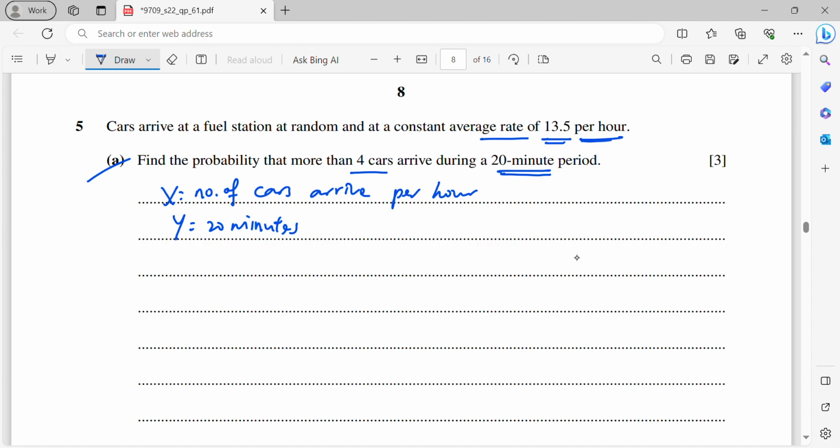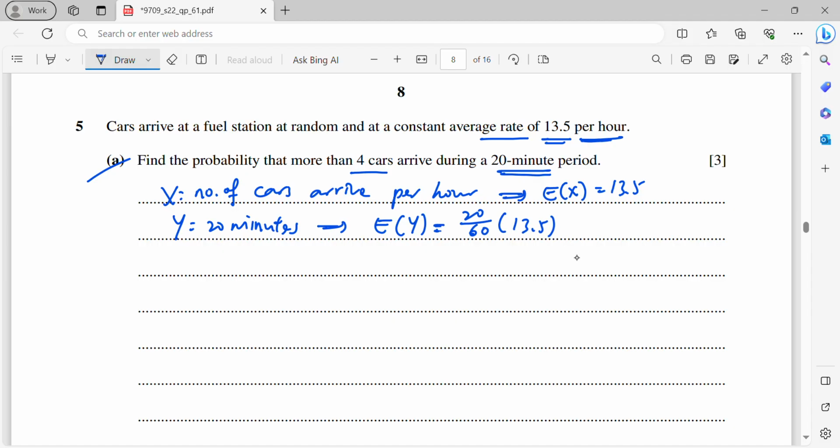Therefore, at first, the mean of X is 13.5. Now the mean of Y: this 13.5 is for 60 minutes, so for 20 minutes, it will be 20 over 60 times 13.5.